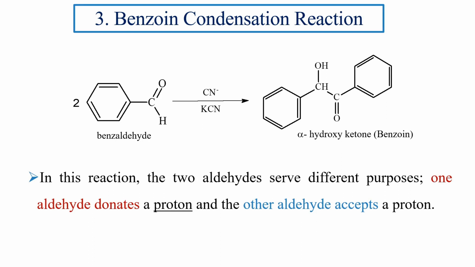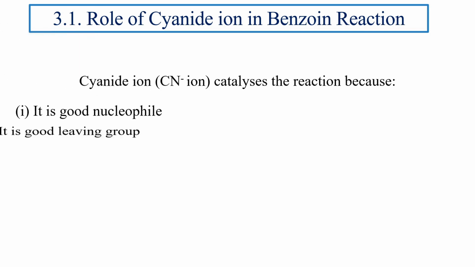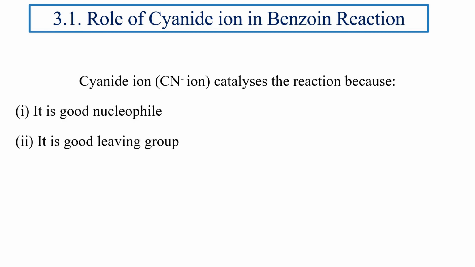In this reaction, the two aldehydes serve different purposes, that is, one aldehyde donates a proton and the other aldehyde accepts a proton from it. Cyanide ion plays a very important role in the benzoin condensation reaction. It catalyzes the reaction because it is a good nucleophile. It is a good leaving group also.